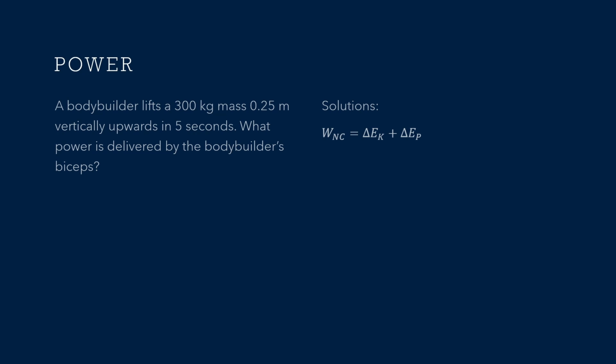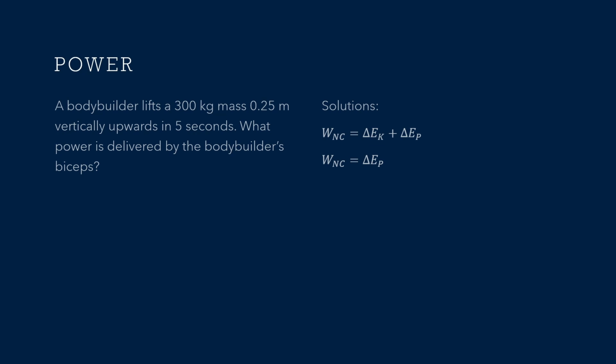You know the work formula. Work done by non-conservative force is equal to change in kinetic energy plus change in potential energy, as I've shown you. Substituting in, the change in kinetic energy will be 0 because the initial velocity was 0, the weight was resting, and the final velocity was also 0 because it stopped at 0.25 meters.